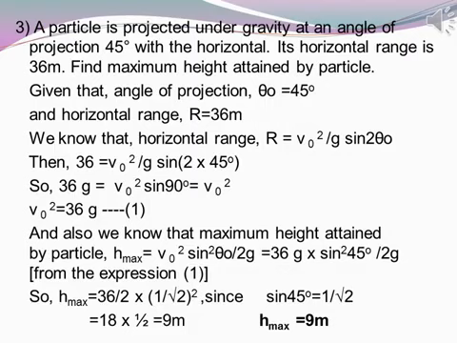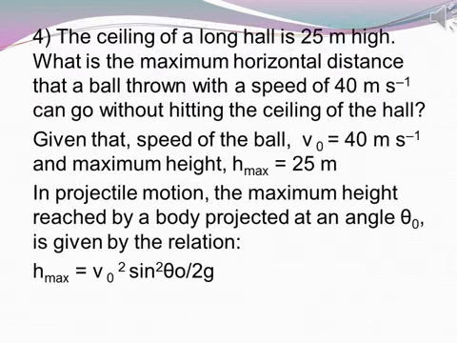So h maximum is equal to 36 by 2 into 1 by root 2 whole square, since sin 45 degree is equal to 1 by root 2. Then it is equal to 18 into 1 by 2, which is equal to 9 meter. Therefore, maximum height attained by the particle h maximum is equal to 9 meter.